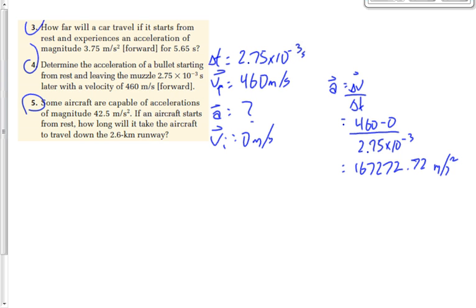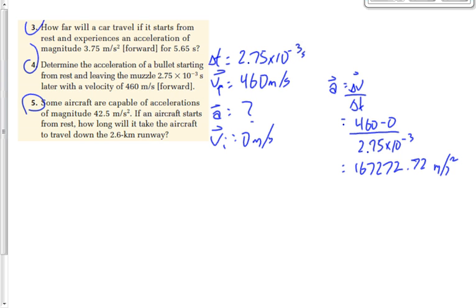Remember we said gravity has an acceleration of about, you remember that number? We'll say 10 for argument's sake because it's easier to do the math in our head that way. This is 167,000, which means this is almost 17,000 times the acceleration of gravity.